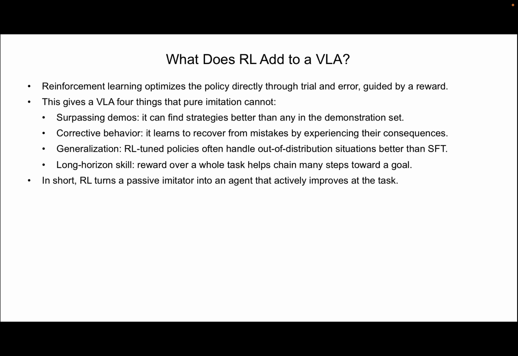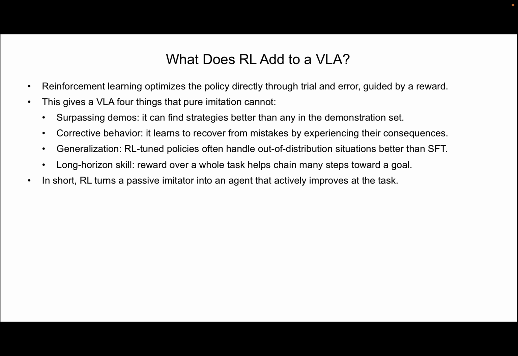The first one is surpassing demonstrations. It can find strategies better than any in the demonstration set. As I said, behavior cloning is just copying the expert, but we sometimes want to exceed it, doing better than demonstrations. Second, corrective behavior: it learns to recover from mistakes by experiencing their consequences.